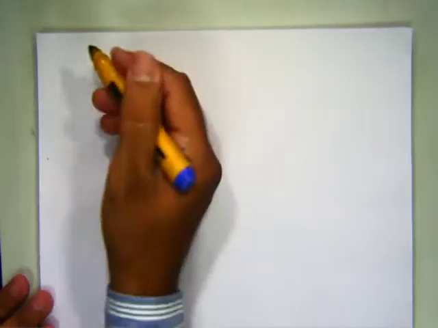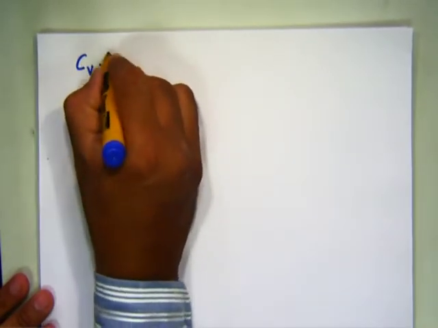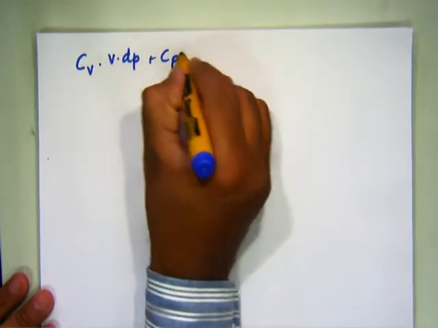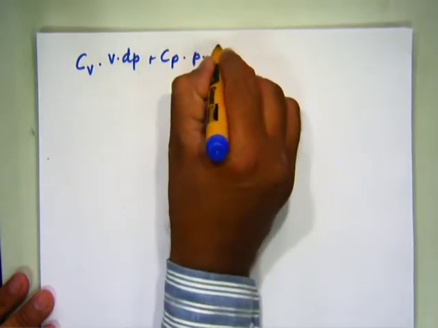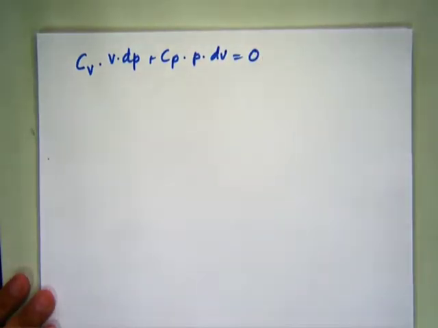So it is Cv into V dP plus Cp into P dV is equal to 0.